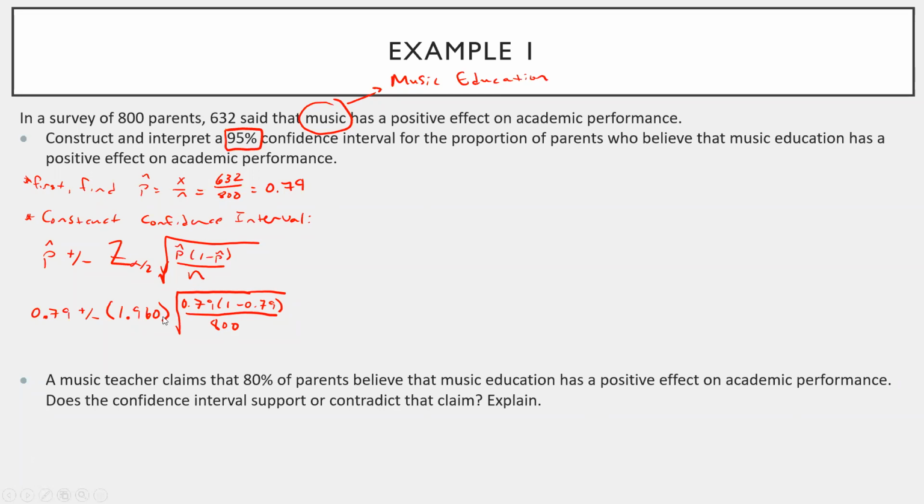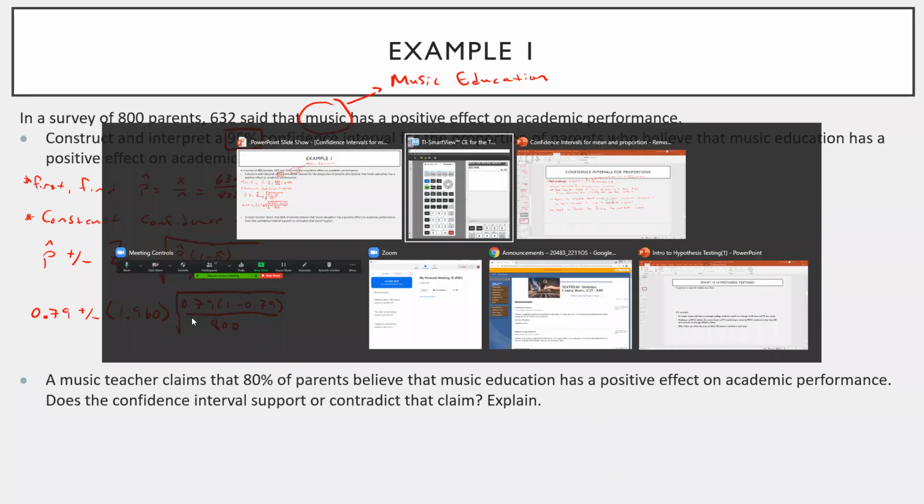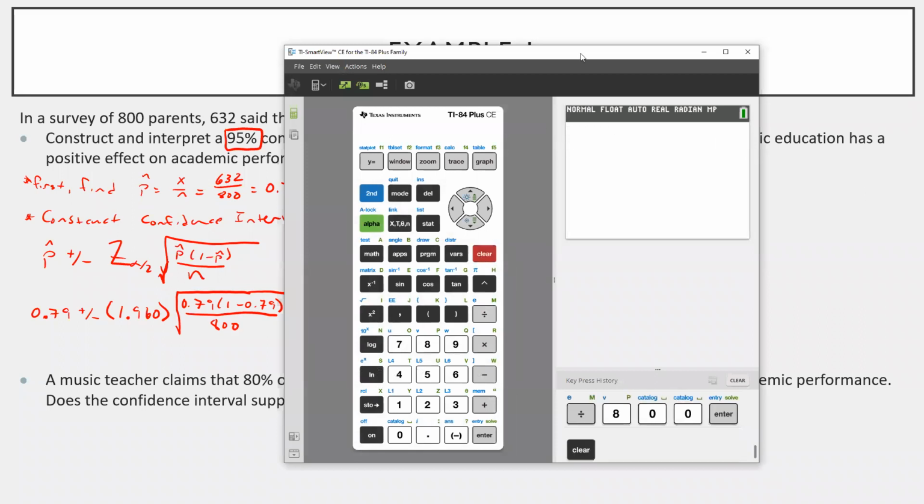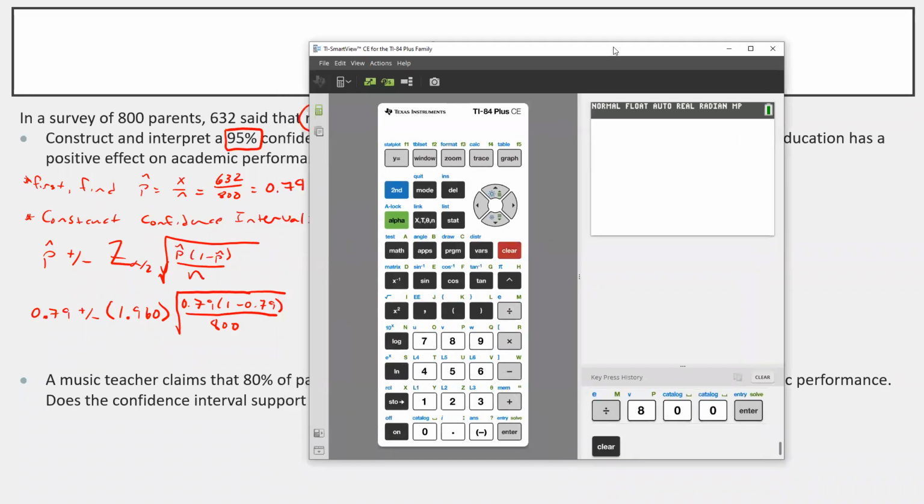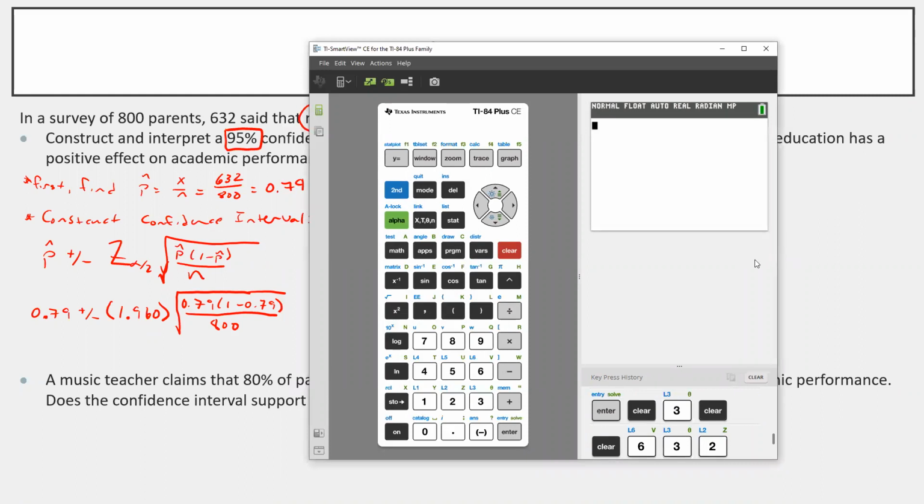When you do this by hand, you're going to have to find the margin of error first. So everybody grab their trusty calculator. We're going to take this and plug it in our calculator. I encourage you to follow along, but if you just want to watch me so you can see, that's okay too.